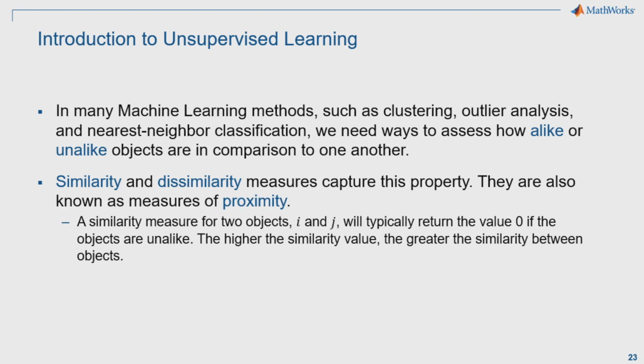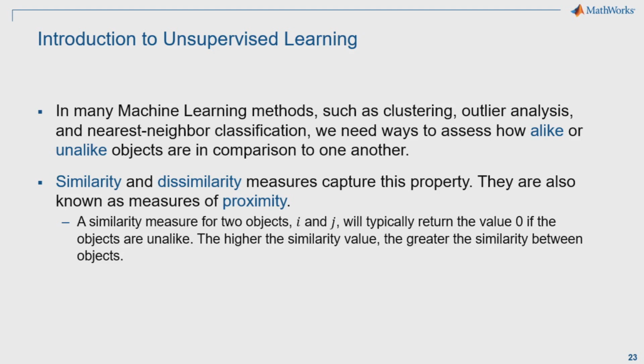As you can imagine, a similarity measure of two objects will typically return a small value, in particular 0, if the objects are unalike, so they are different to each other. And the higher the value of the similarity, the higher the similarity between these two objects.